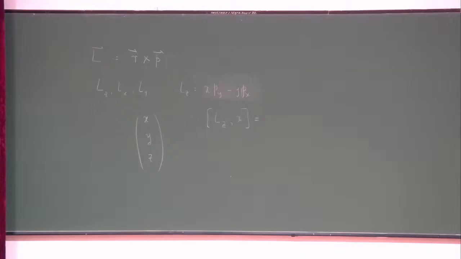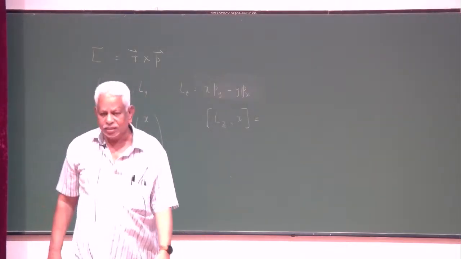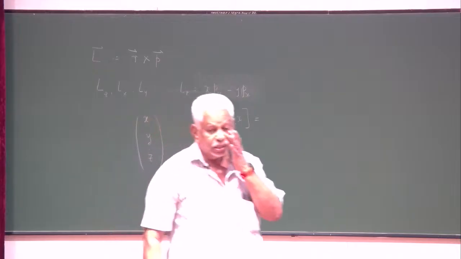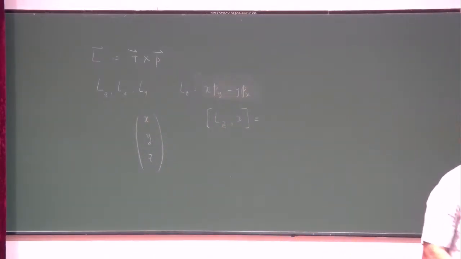Now, I ask the question, what is the commutator of Lz with x? You can work out the commutator, right? You know how to work out these commutators, all of you? It is very simple.